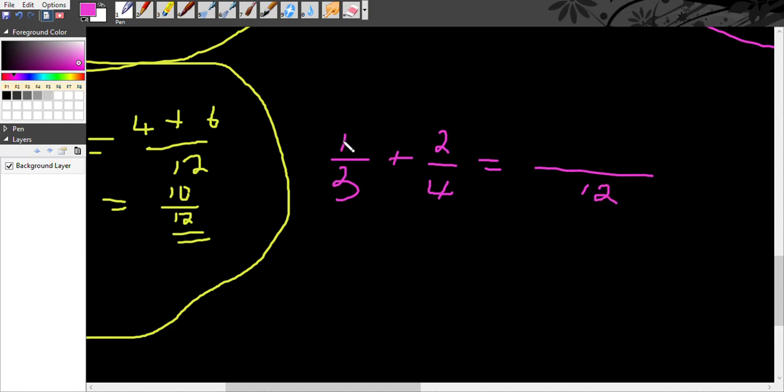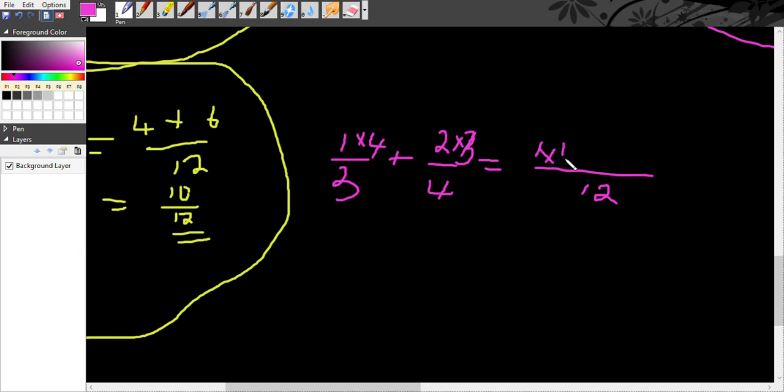And then here we'll do cross multiplication, because you would ask how many times does 4 go into 12? That is 3. So the numerator is multiplied by 3. Same story, how many times does 3 go into 12? 4.